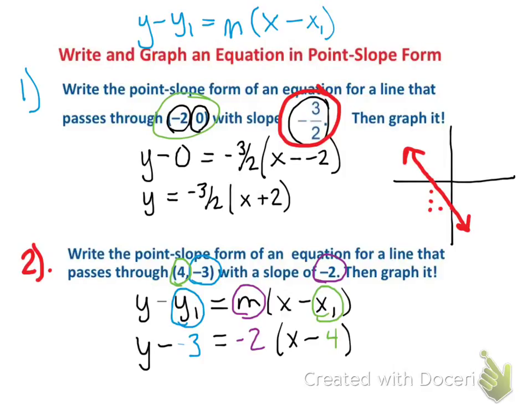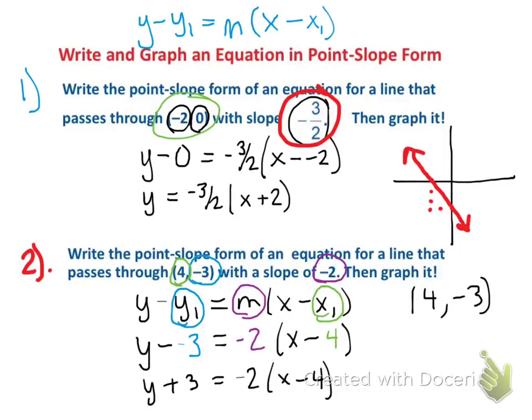Now, this one doesn't have as much to simplify, but we can do y plus 3 equals -2 x minus 4. Now, the thing that you notice about this format is in order to graph it directly from this format, you need to be very cautious. Your ordered pair is 4, -3.